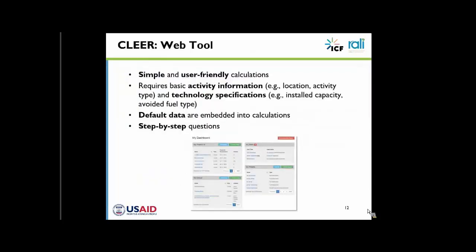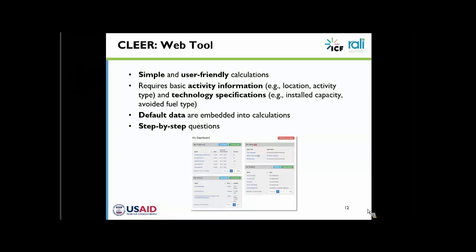This is a screenshot. We'll get into a much bigger screenshot once Kevin goes through the demonstration. We've tried to design it to have a simple, easy-to-use design. It does require users to enter basic activity and technology information, such as the country location, type of energy technology, the baseline or avoided fuel type.